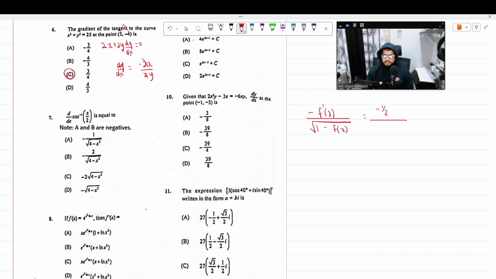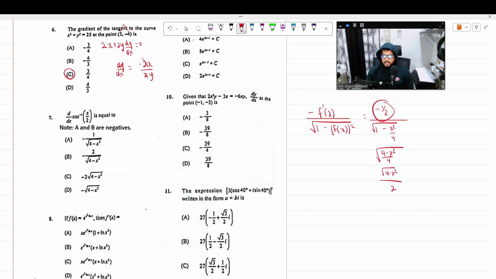over root of 1 take away the function squared. 1 take away x squared on 4. So we have to do some work inside of here. This is on the denominator: 4 minus x squared over 4, which is root 4 minus x squared divided by root 4, which is 2.